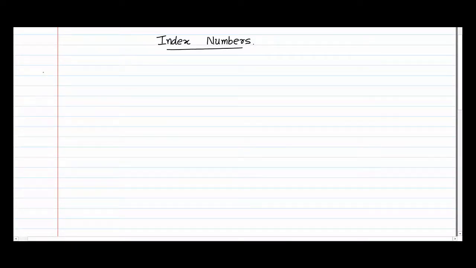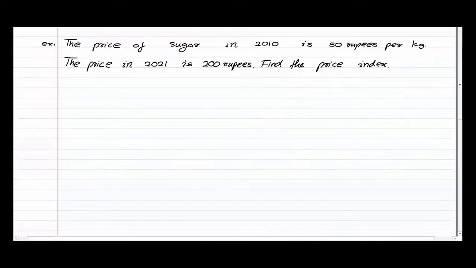First, let me give you an example. To get the price index, take 2010 as the base. Take the 2010 value to the denominator, it's 50. Now it is 200. Out of 100, how much? We calculate the indexes like this. So it is 50 times 4, 400.